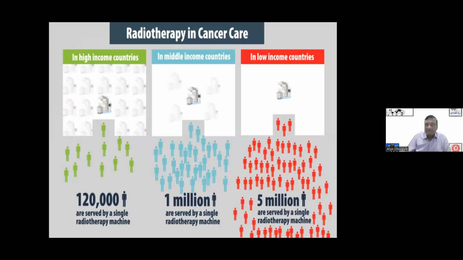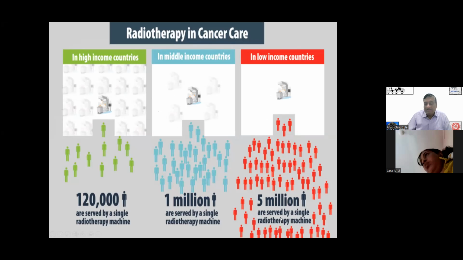In high-income countries, there is a single radiotherapy machine for 120,000 patients. But in low-income countries like in our region, 5 million patients are served by a single radiotherapy machine. And that is how we are depriving patients of the right to treatment, because the facilities are not available.